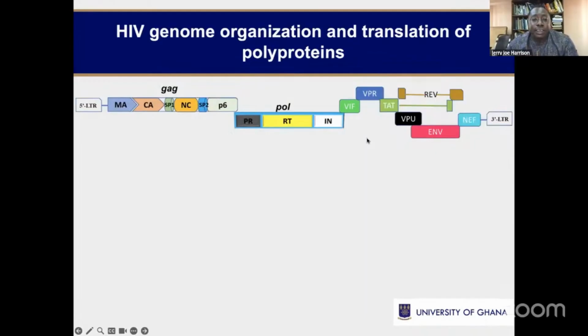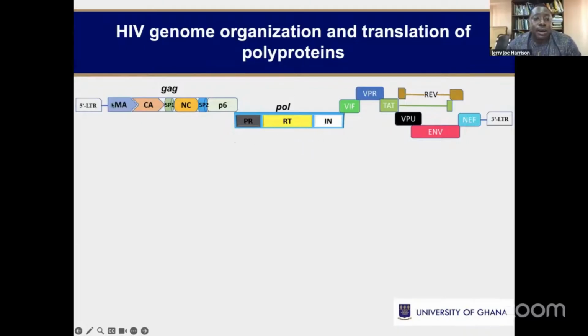If you look at the HIV genome, it's very interesting. There is a single genome for all the proteins that are encoded. At the 5' end are the structural proteins, we call them Gag, and the 3' end are the enzymatic proteins, we call them Pol.